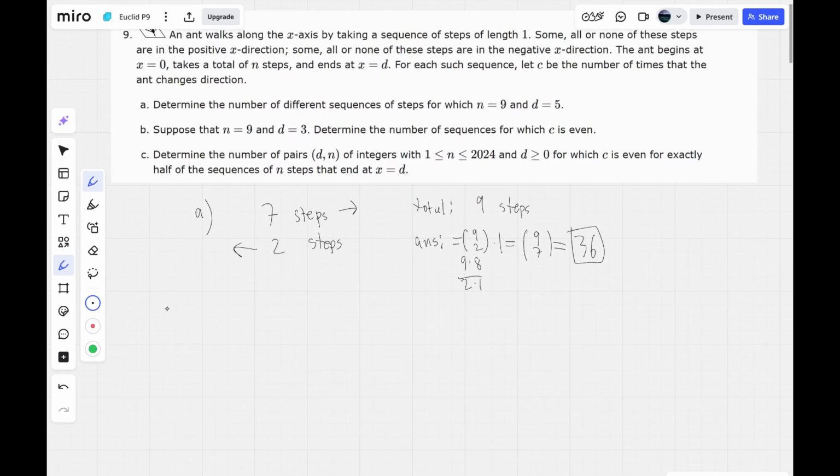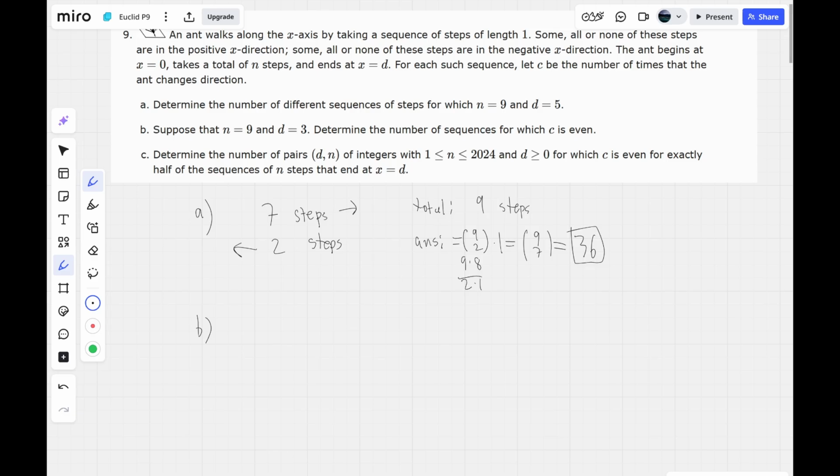Now let's proceed to part B. We need to determine the number of sequences for which C, which is how many times the ant changes direction, is even. So n equals 9, it must take 9 steps and it must cover a distance of 3.